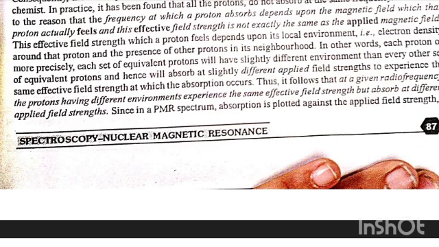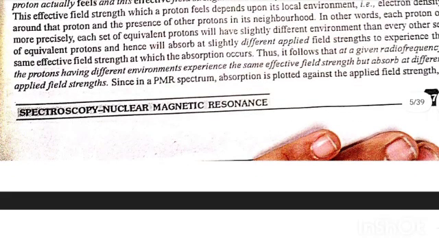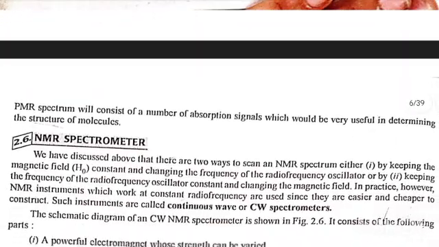Thus, it follows that at a given radio frequency, the protons having different environments experience the same effective field strength but absorb at different applied field strengths. Since in a PMR spectrum absorption is plotted against the applied field strength, a PMR spectrum will consist of a number of absorption signals, which are very useful in determining the structure of molecules.